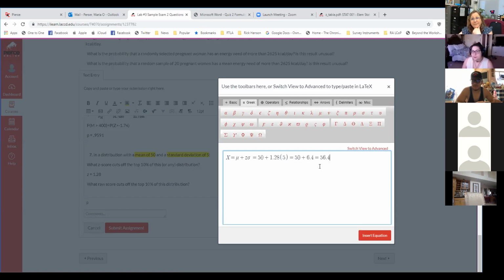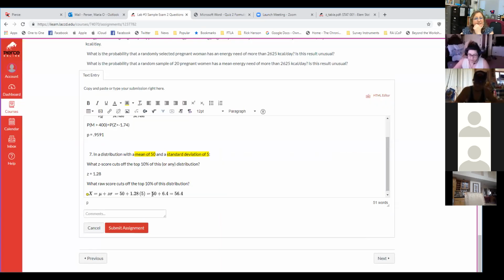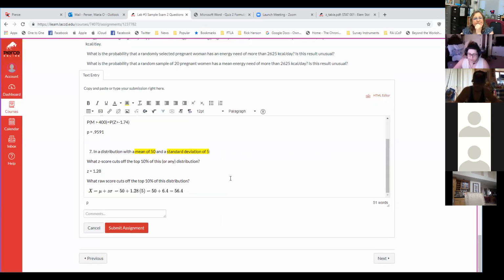So you're in the top 5%. And we use Z-scores to figure that out. It's the real life application of Z-scores. So that's number 7. That's how it's done.